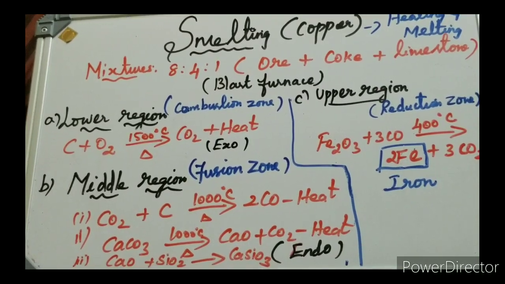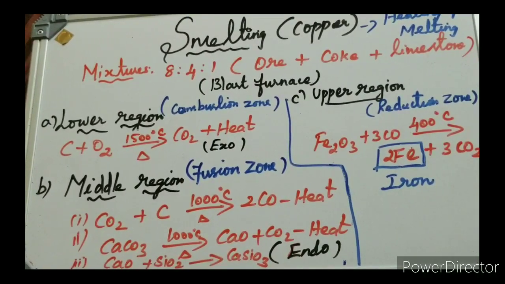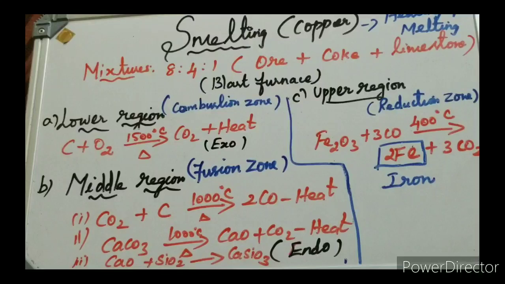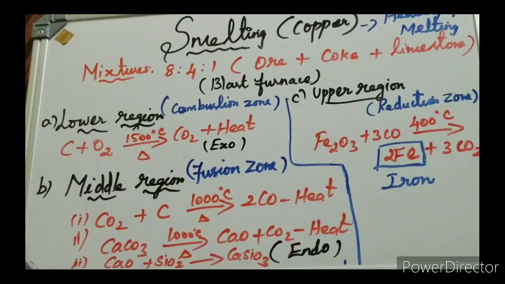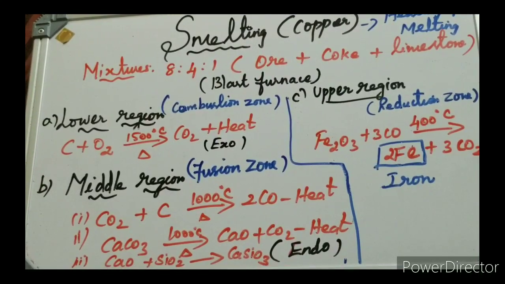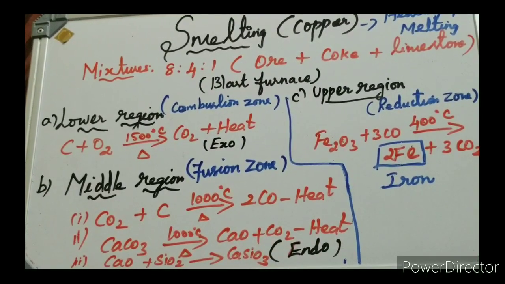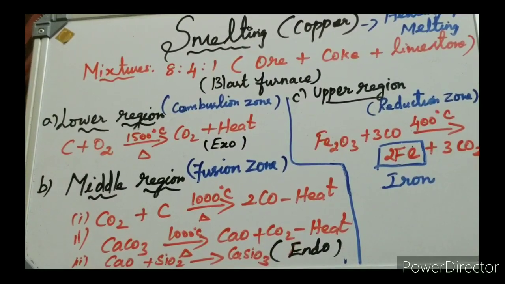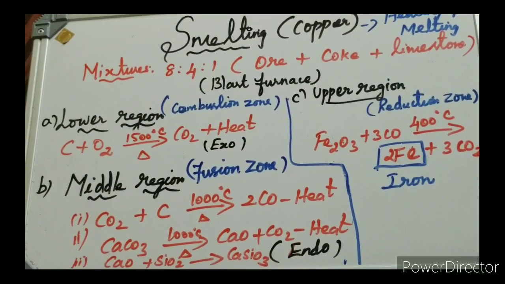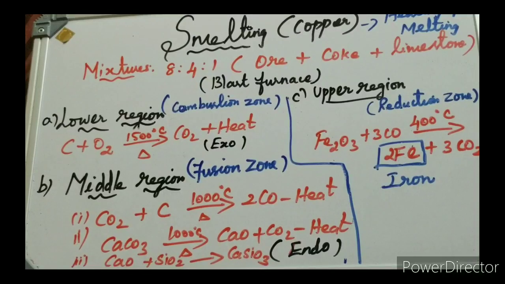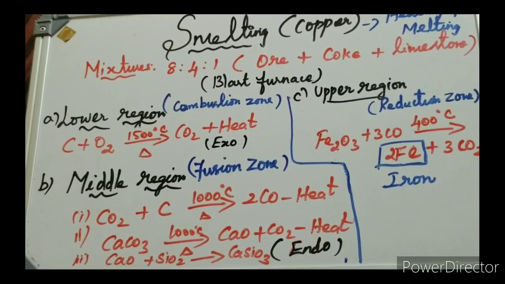One is the reduction of carbon dioxide into carbon monoxide by reaction with carbon. The second is the decomposition of limestone, calcium carbonate, into calcium oxide and carbon dioxide. These two reactions take place in the middle region at 1000 degrees Celsius.